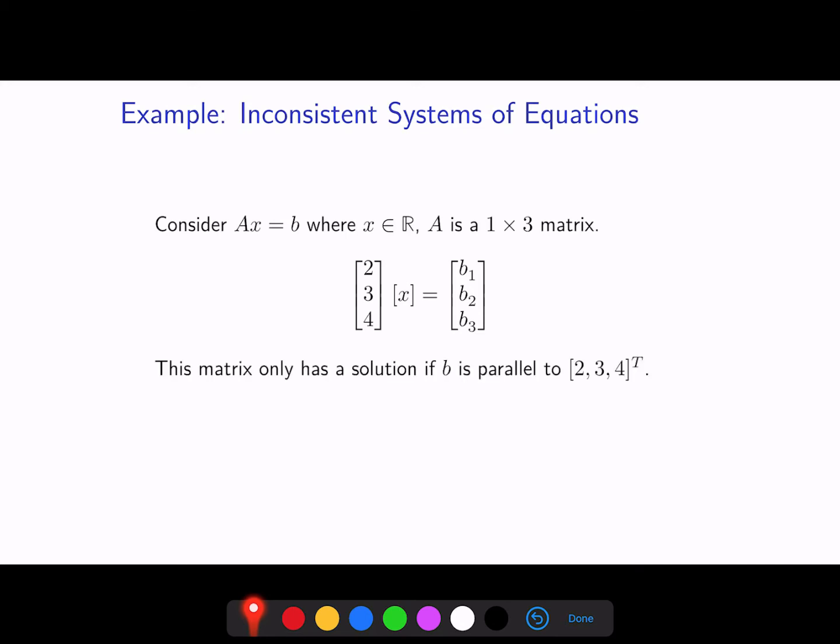This system only has a solution if this vector is parallel to this vector. There's lots of vectors in 3-space that aren't parallel to this vector, so there's lots of systems of this form that are inconsistent. So what if we have an inconsistent system and we need it to have a solution? What do we do then?